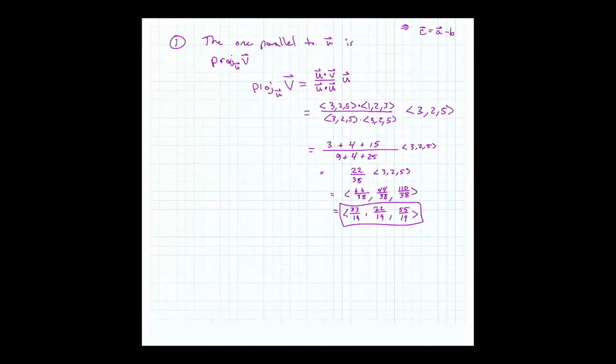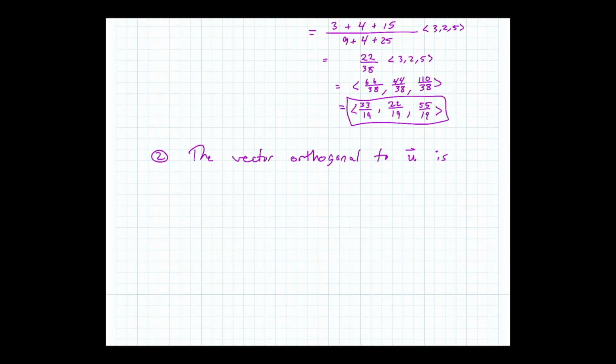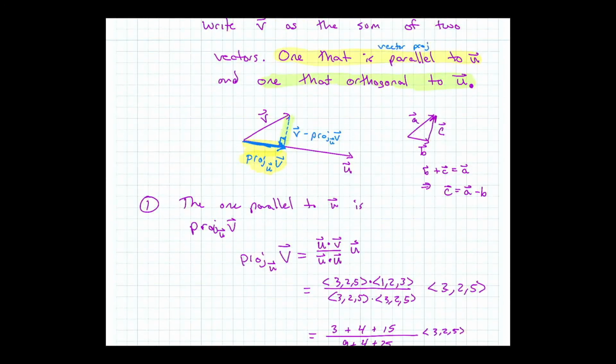Now the other half of my answer is the vector orthogonal to u, which is simply the vector, what was it? V minus that.